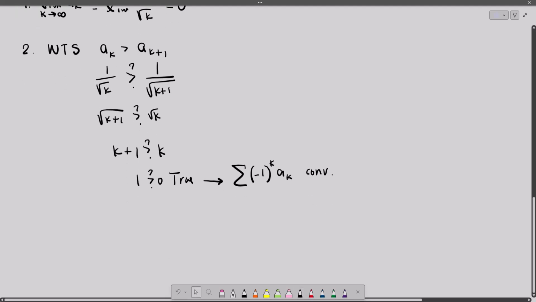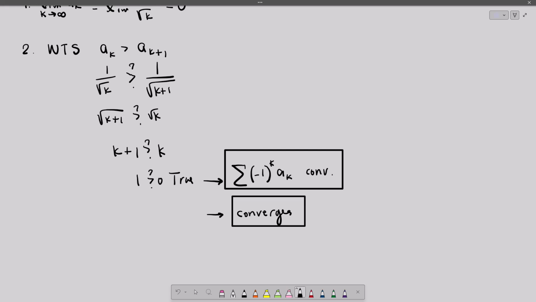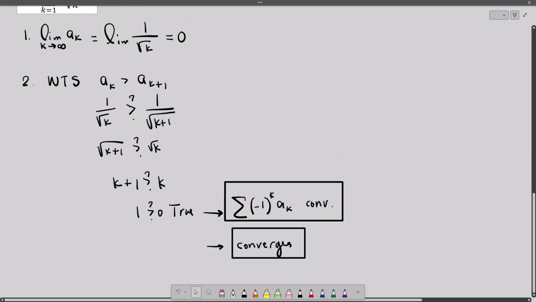You could just as easily instead just say converges, instead of identifying the series. You could say either one of these things. This would be sufficient though, just converges. You just have to remember the switch is different than a sub k. But that is the alternating series test.